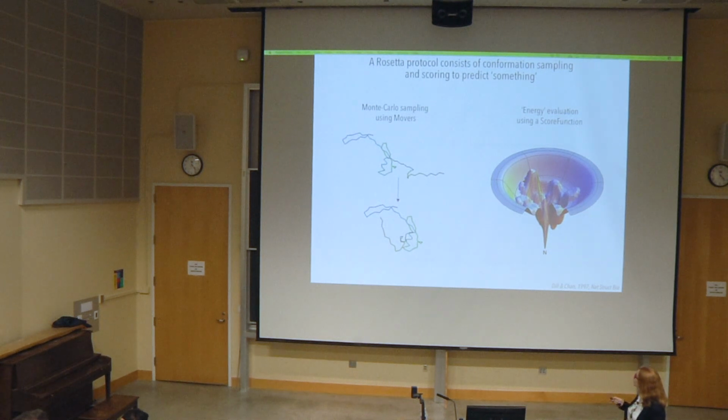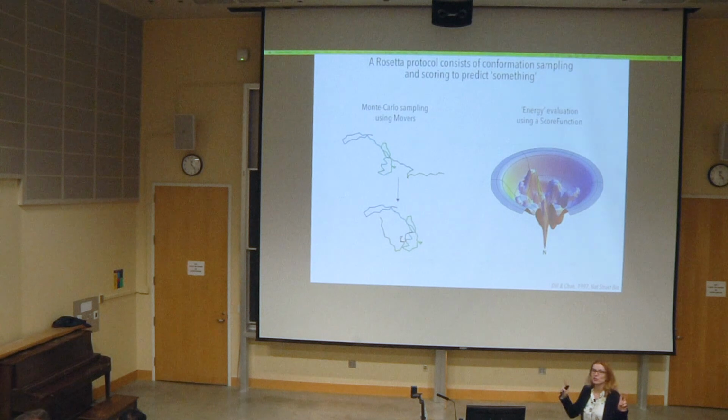And then the new conformation that we come up with, we evaluate both conformations using a score function that is both physics-based as well as knowledge-based. And so this is the very basic idea of what we're doing here. Each of those protocols has those 2 components to predict something. And that something depends on whether you're looking at protein-protein docking or de novo structure prediction or homology modeling or anything that you're interested in.